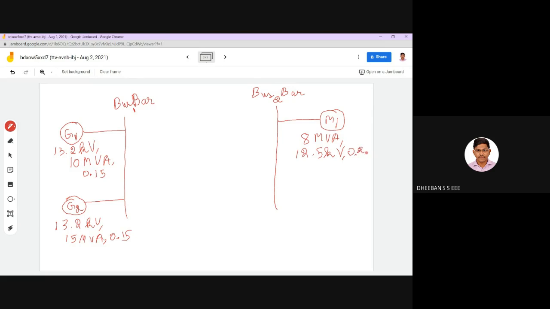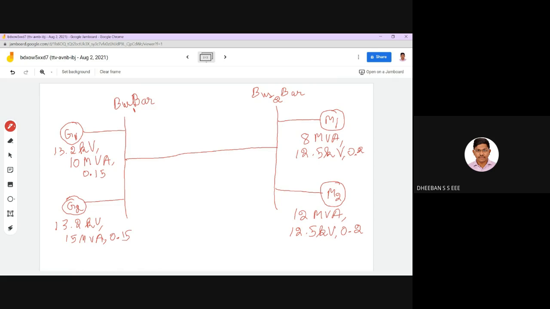Now we have the second motor, M2. Your M2 is rated for 12 MVA, the voltage is 12.5 kV, and again the reactance is 0.2. And you have to connect your source side with your load side.